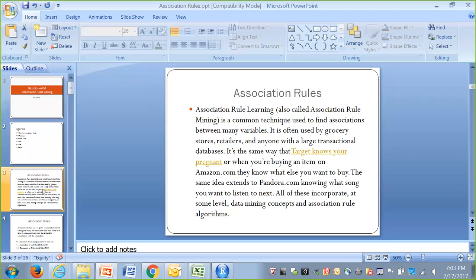This is all association rules behind it. When you buy butter, you typically buy bread. When you buy milk, you typically buy cereal. These are patterns that these large databases contain.